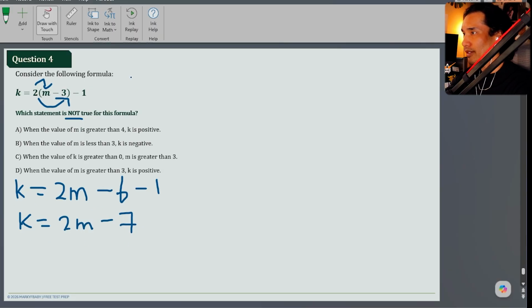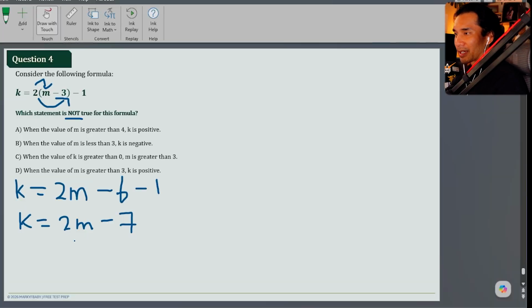So now what we're going to do is make m as 0 and k as 0. If we substitute m for 0, what does that give us? I'm going to give you some time here to figure that out. I know that you're watching this and I can't see you, but I see you.